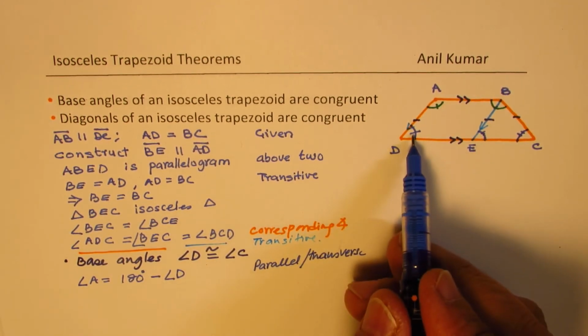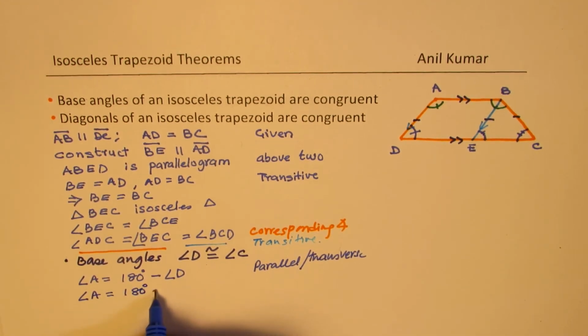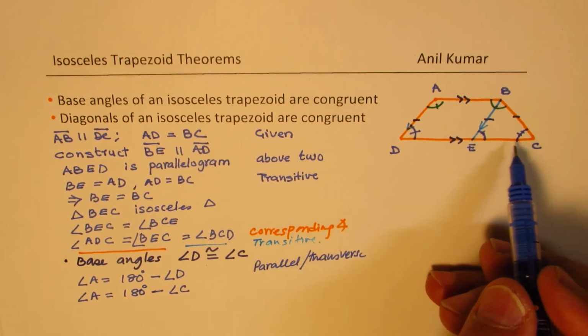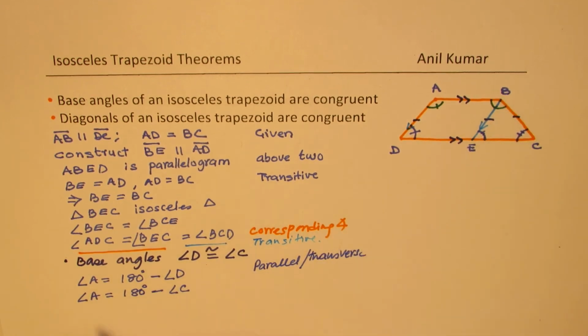But angle D is equal to angle C. So therefore, we can write angle A is equal to 180 degrees minus angle C, since angle D and C are the same. But on the other hand, we also have a parallel line, and angle B is basically equal to 180 degrees minus angle C, right?